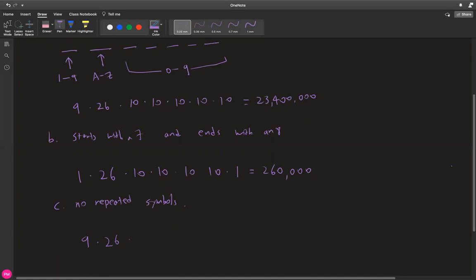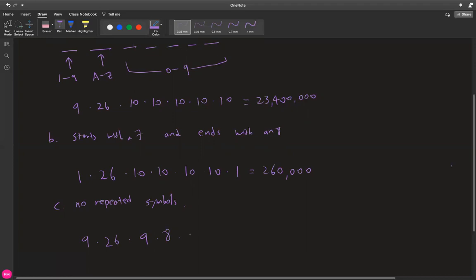Obviously 0 was not used here, so we can have 0, but we cannot have any other number that's actually used here. So we still have 9 here. And once the number is used, we now use 2 different numbers, so it's going to be 8.